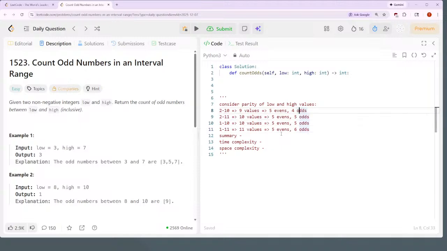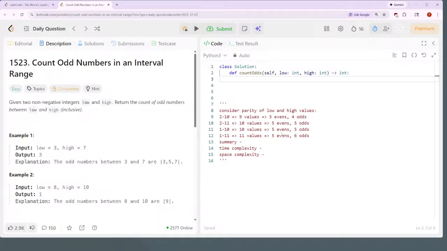So basically, in general, if both values are odd, you'd have the round up of half the count of values be odd. If it's an even number of things, then it has to be an even split of odds and evens. Yeah, okay.